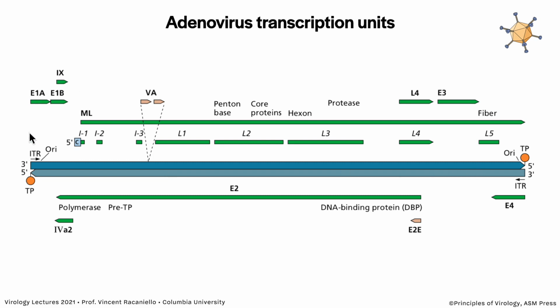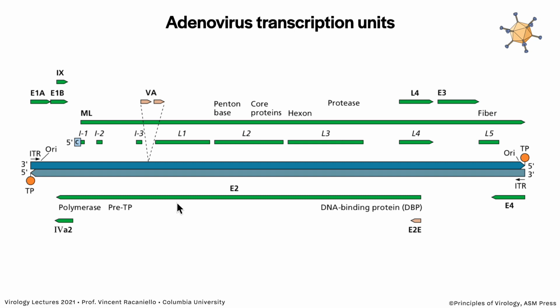Here at the left end we have the immediate early promoter, from which you get E1A and E1B made. And I just told you what E1A does, frees up E2F so that now you can get the early region transcribed. That promoter is actually on the bottom strand here. Here's the E2 region, which includes the DNA binding protein, the DNA polymerase and a primer, all the things you need for DNA replication.